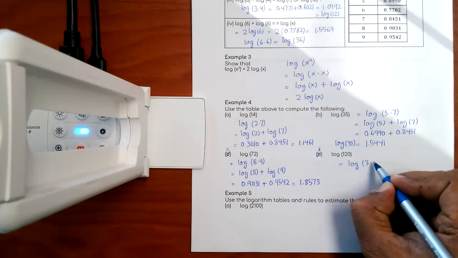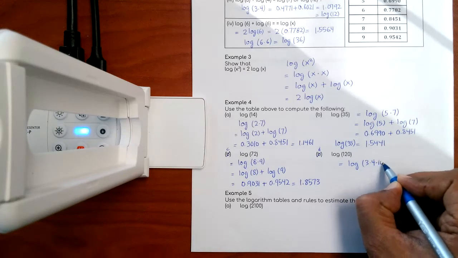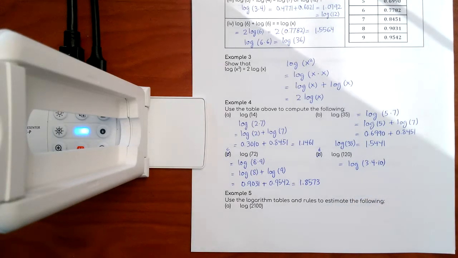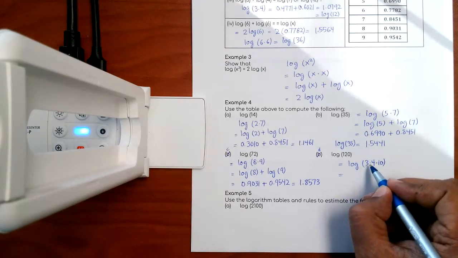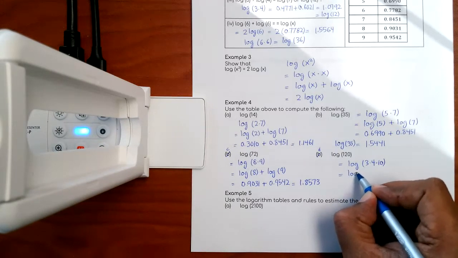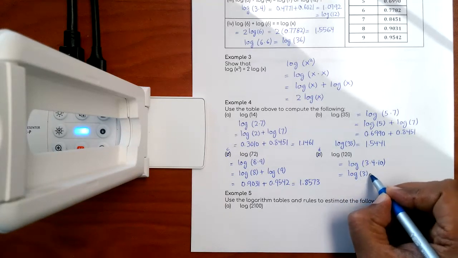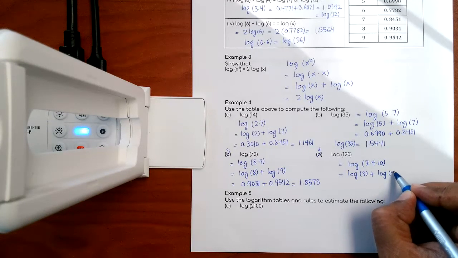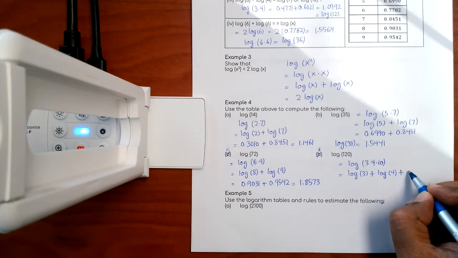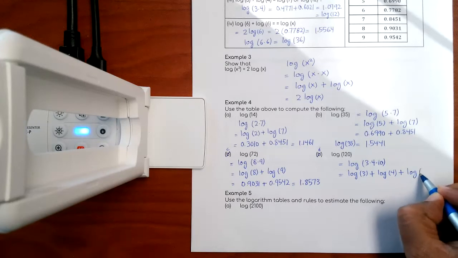So 3 times 4 times 10. 3 times 4 is 12, and 12 times 10 is 120. So log xyz, I can split as log of 3 plus log of 4 plus log of 10.